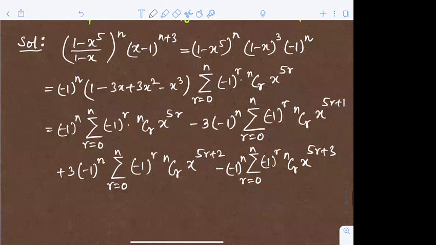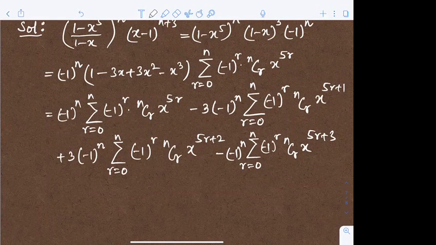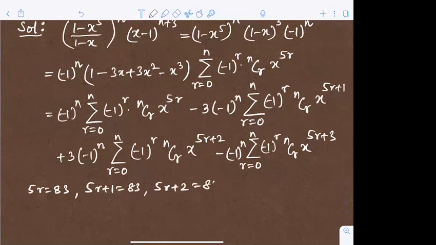So it looks clumsy here, but what you have to find is the coefficient of x to the power, what is that you have to find? So for x to the power 83, either 5r should be equal to 83, or 5r plus 1 should be 83, or 5r plus 2 should be 83, or 5r plus 3 should be 83.